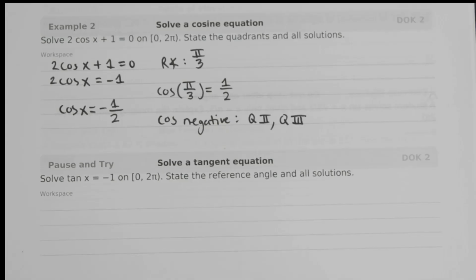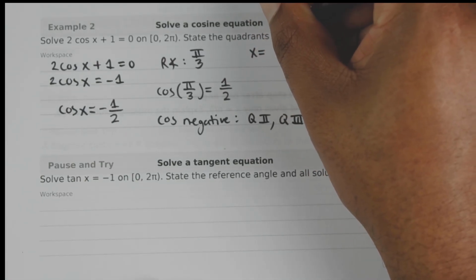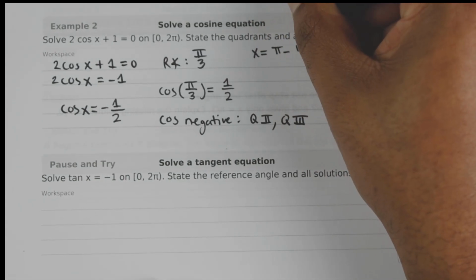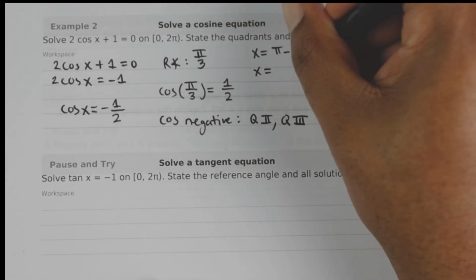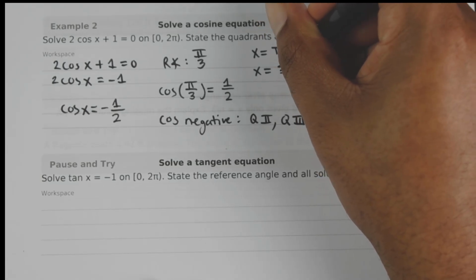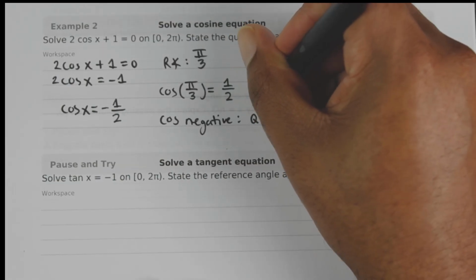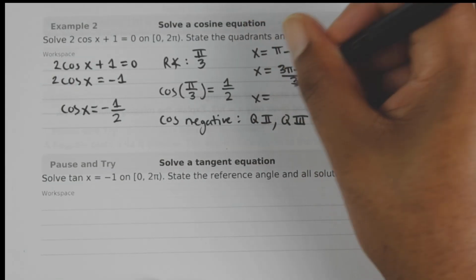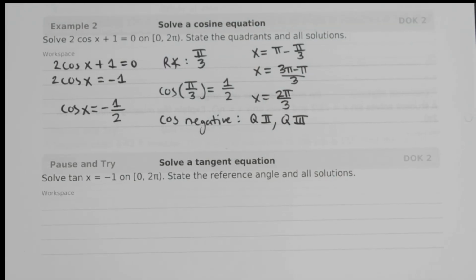In quadrant 2, the angle would be x equals pi minus pi over 3, the reference angle. That would be 3 pi over 3 minus pi over 3, so x equals 2 pi over 3.